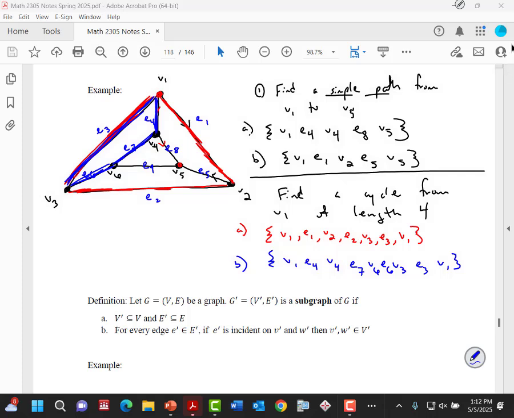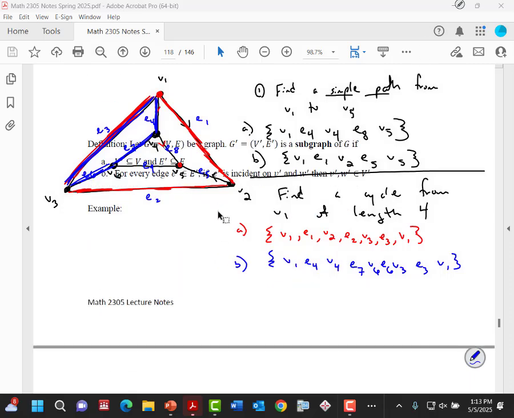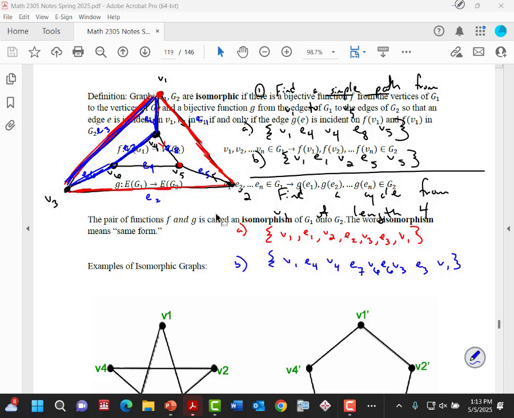Okay, so let us now slide down here and briefly discuss isomorphic graphs.